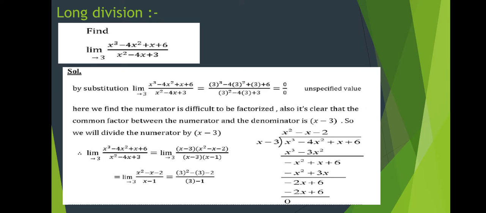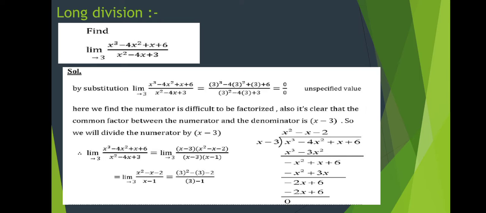So we will divide the numerator by x minus 3. Like that, we write the numerator inside, x power 3 minus 4x power 2 plus x plus 6, and outside x minus 3. And we start to divide it. x power 3 divided by x, we get x power 2, we write it up. Then multiply x power 2 times x will be x power 3, write it down like that.